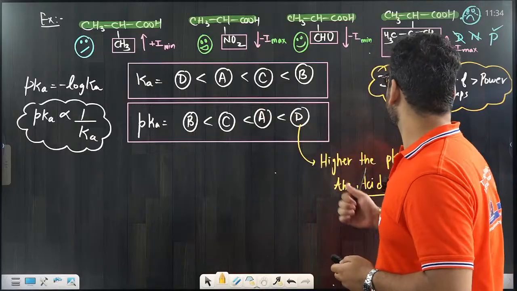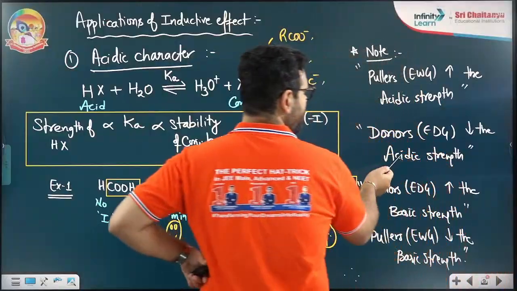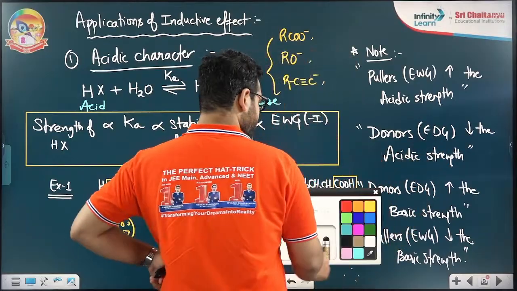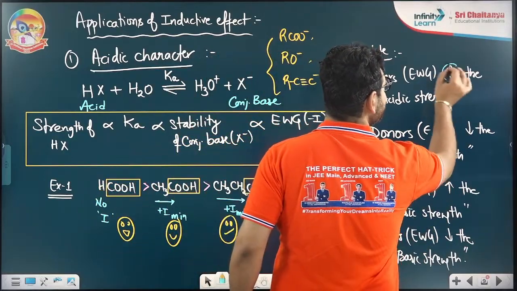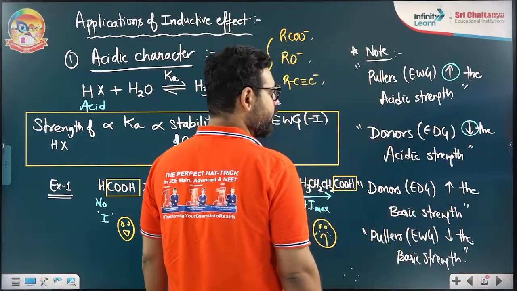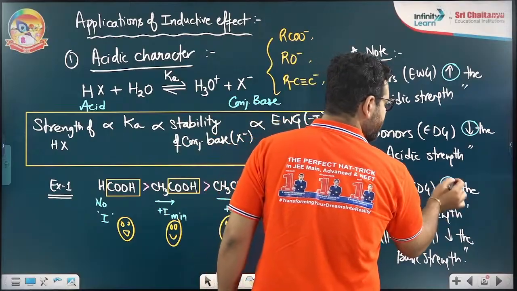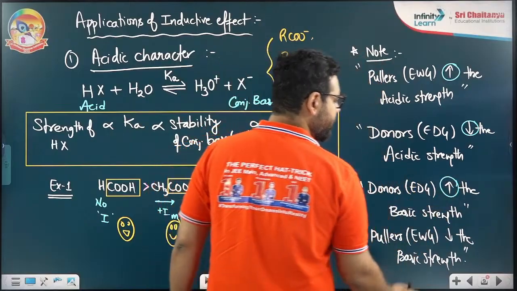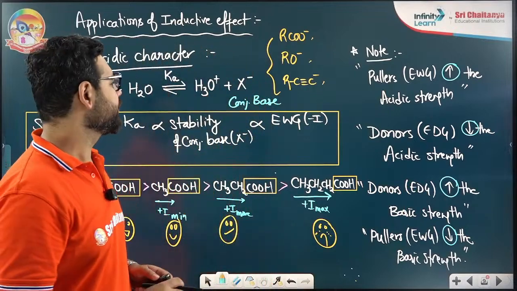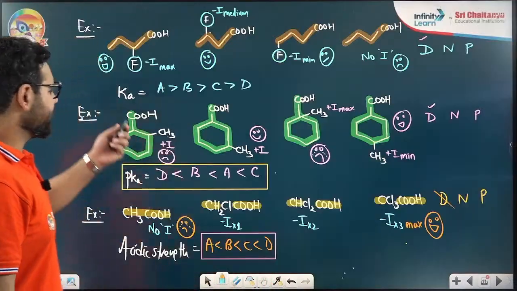Pullers make the acid strong and donors decrease the acidic strength. Pullers increase the acidic strength, donors decrease the acidic strength. For basic strength, opposites: donors increase the basic strength, pullers decrease the basic strength. These are things we studied. These are the examples I have given.